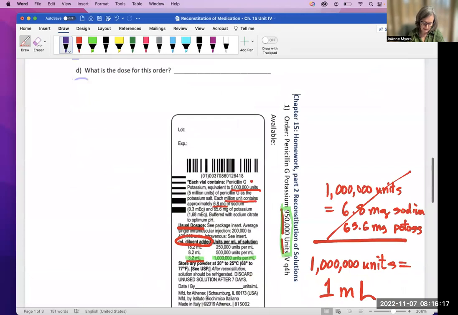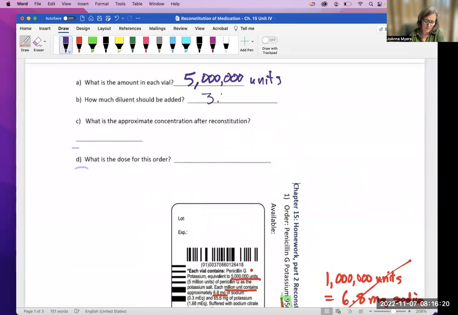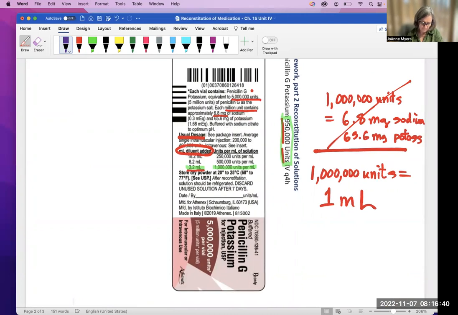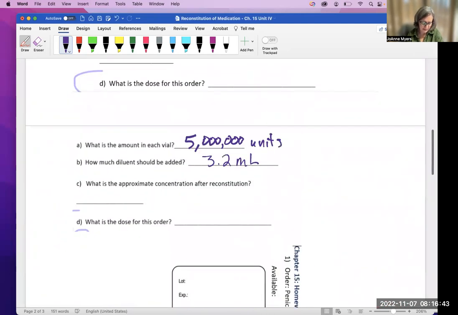We're going to add 3.2 milliliters. Once I've put that 3.2 milliliters in, then I need to read the directions and see how much liquid that will make.